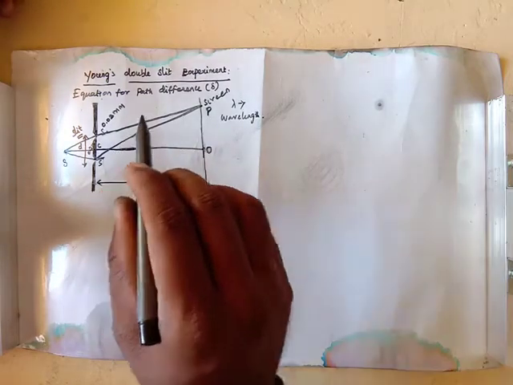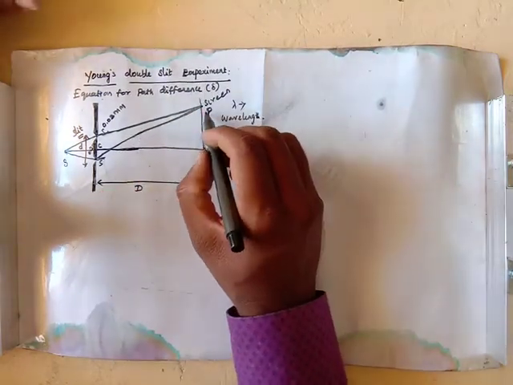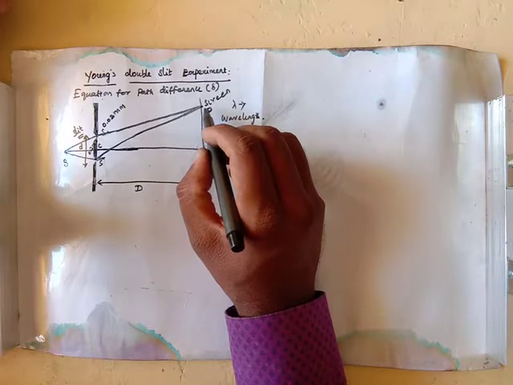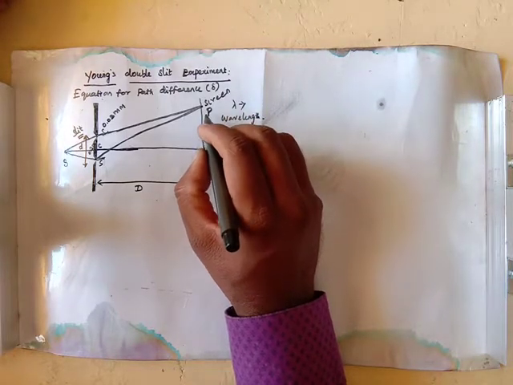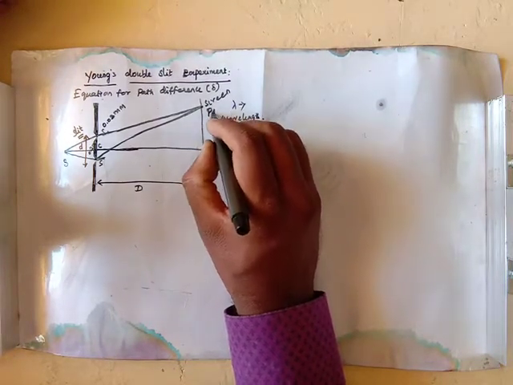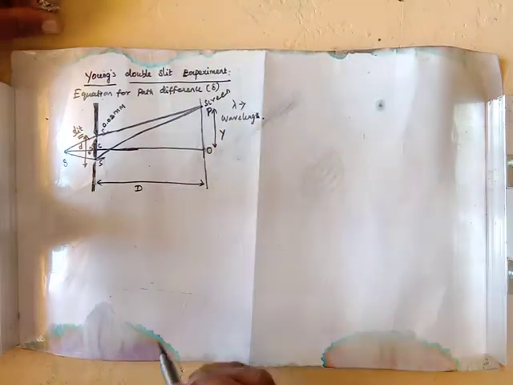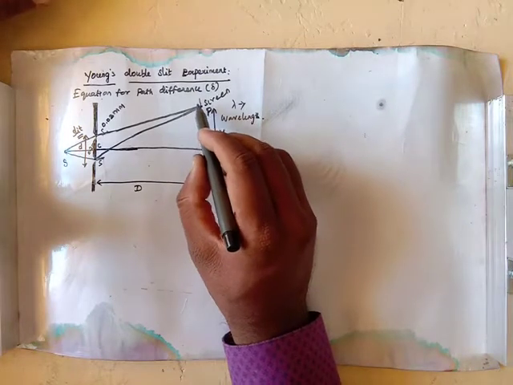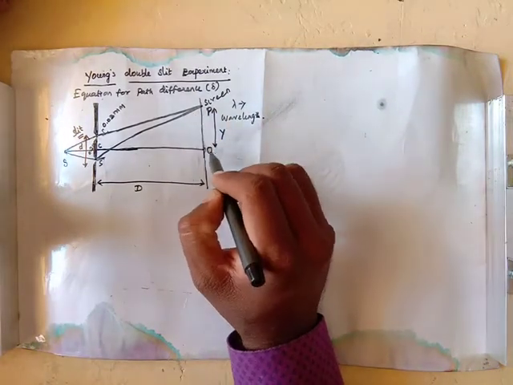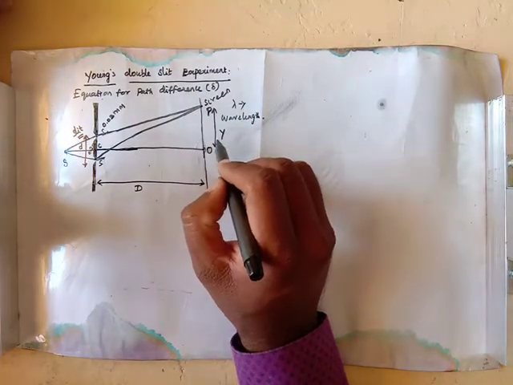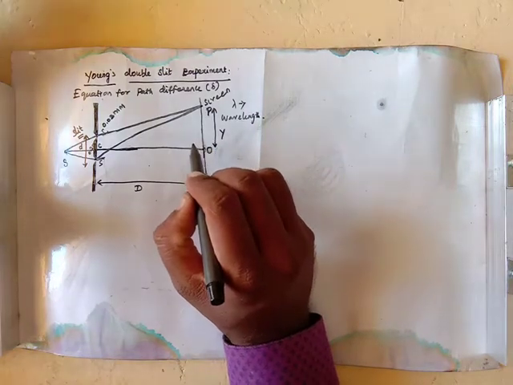Then at a point P there is interference produced. The point P is at a distance y from the center of the screen.